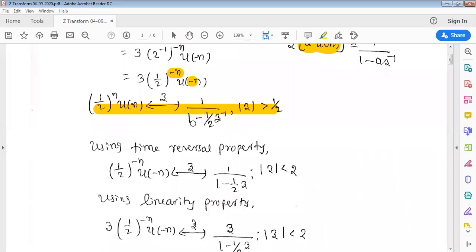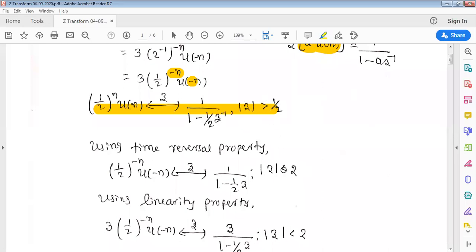So this becomes 1 by 1 minus 1 by 2 z, where mod z is less than 2.